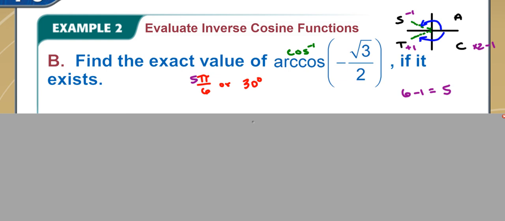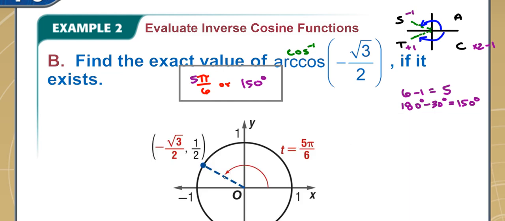Let me go back over here to my pen. 180 minus 30 is 150 degrees. So that's how far you have to travel this way. So I'm going to change this to 150. These are the best answers here. Let's see the values. Yep, and in fact they did it just like we had, 5 pi over 6 or 150.